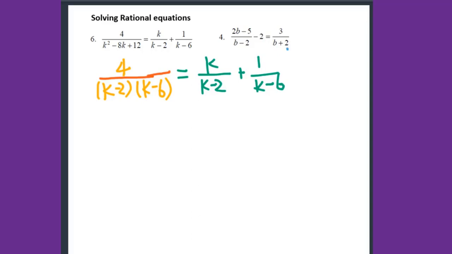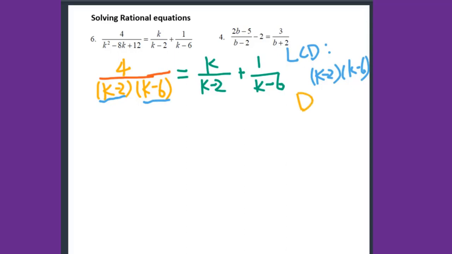Now check the LCD. Just check the factors. You have k minus 2 and k minus 6. Therefore, the LCD will be k minus 2 times k minus 6.